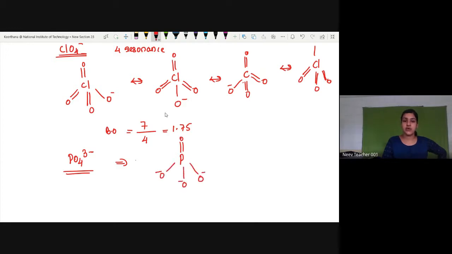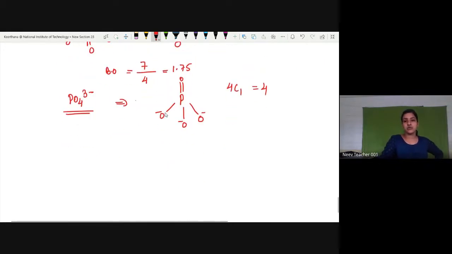You can see that 3 bonds are similar and one is different. You can draw the resonance structures with different arrangements of this bond, because the other 3 bonds are similar. So it will be 4C1, which is equal to 4. So 4 resonance structures are possible, and I know this even without calculation.